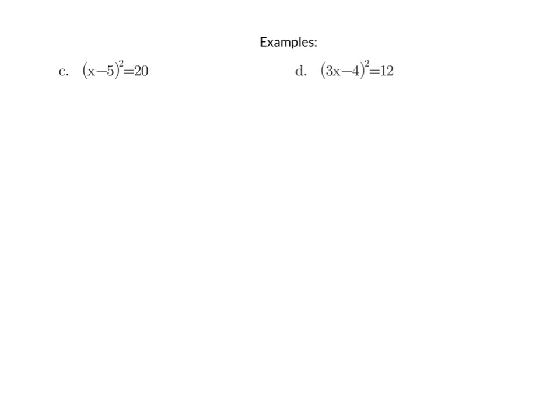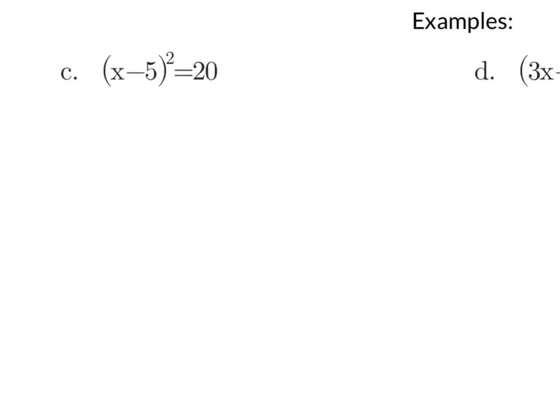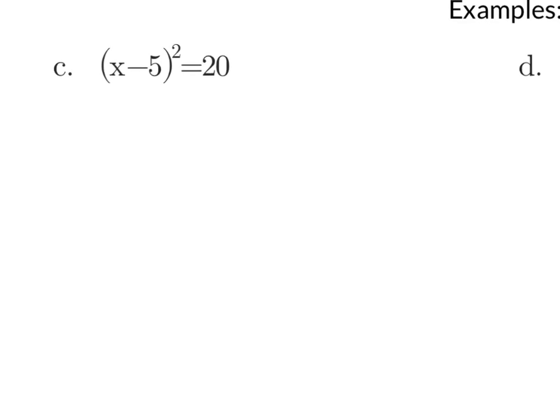All right, if we start with example C, we have x minus 5 squared equals 20. I'm going to go ahead and take the square root of both sides. On the left, my square root and my square cancel, leaving me with x minus 5.